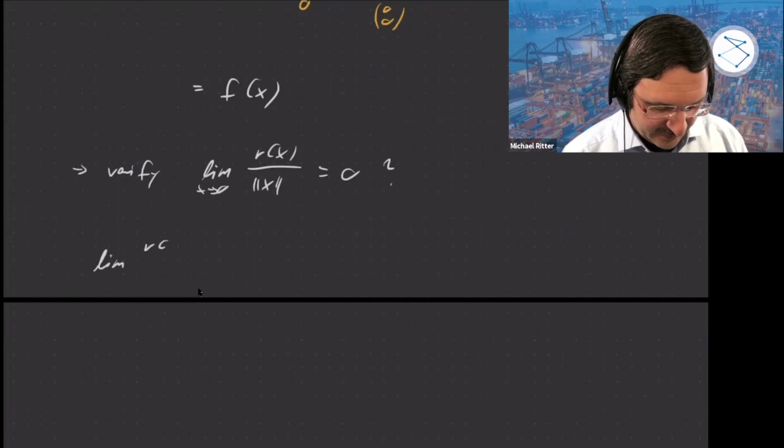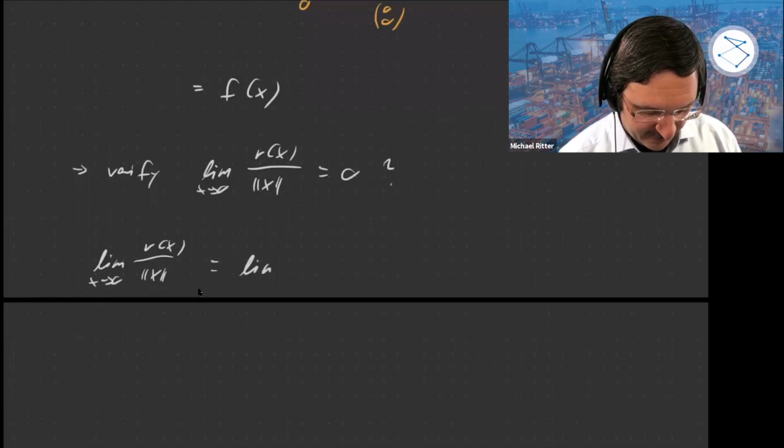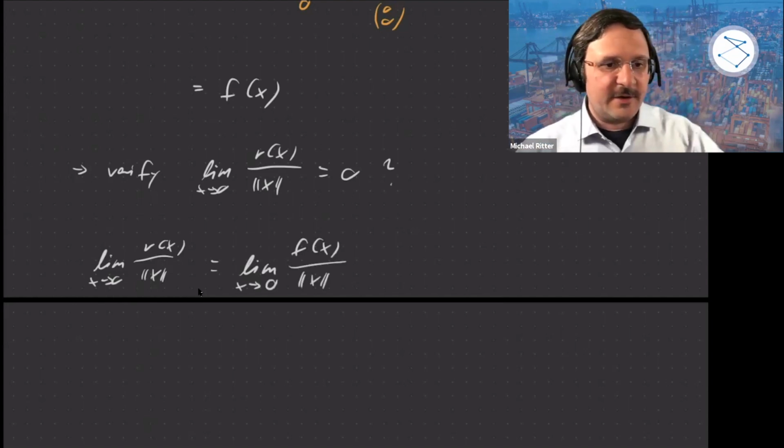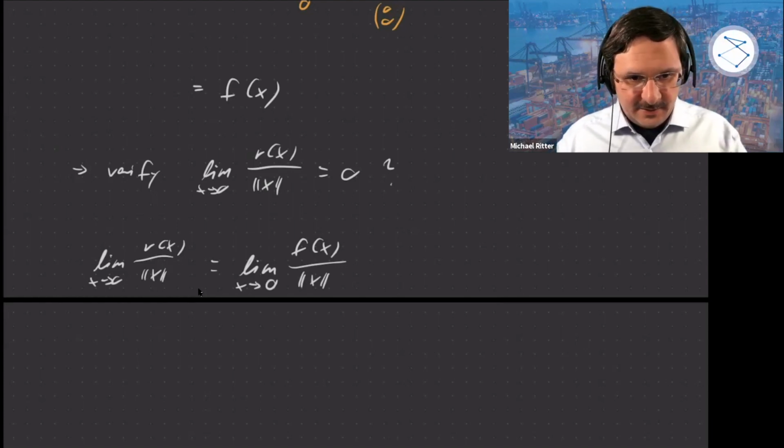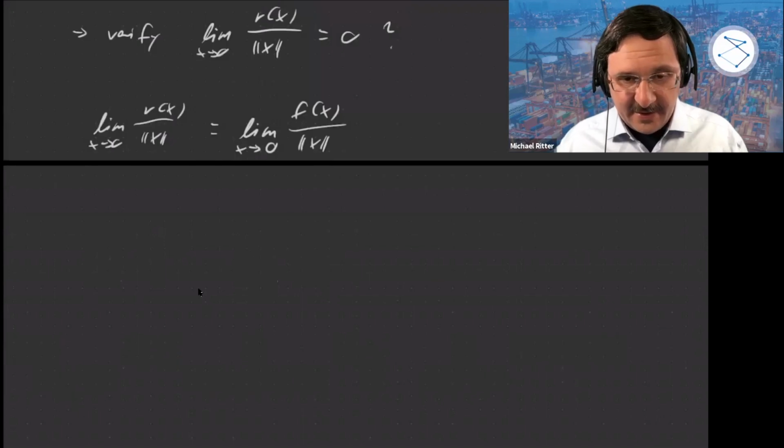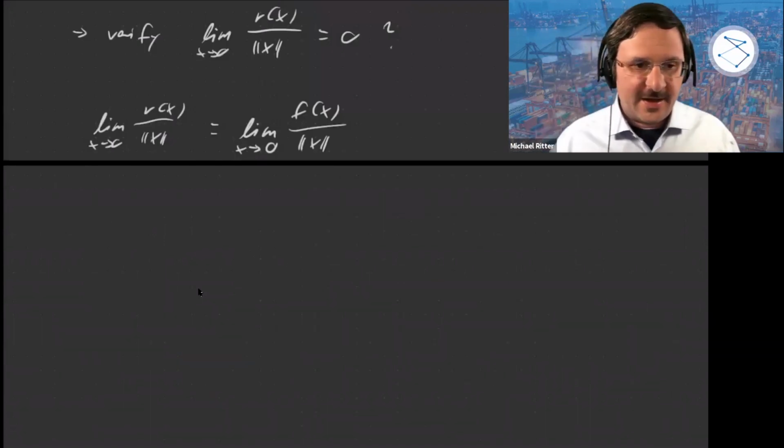So we need to look at this limit here, and we have already found out that r of x is actually f of x. So we're looking at that function here. And again, to be able to evaluate that, we're going to consider a line.